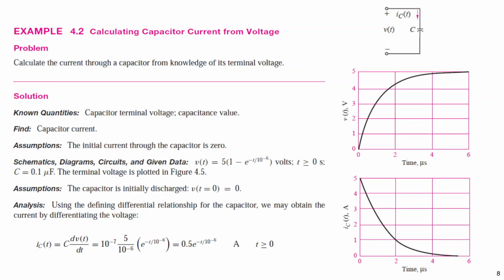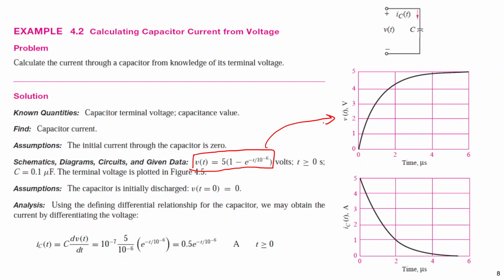Let's see some response of the capacitor. If we have a capacitor and we supply the voltage like this, the voltage increases in this form. Here is the function representing this voltage.